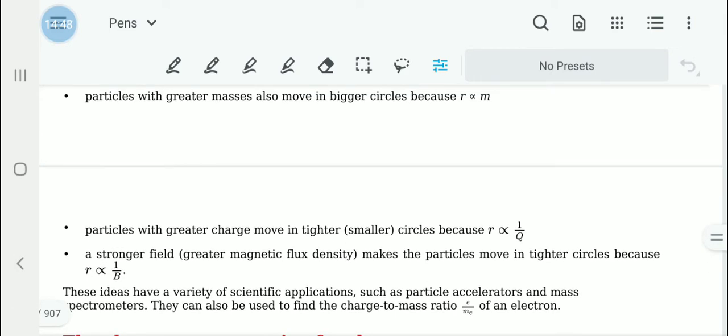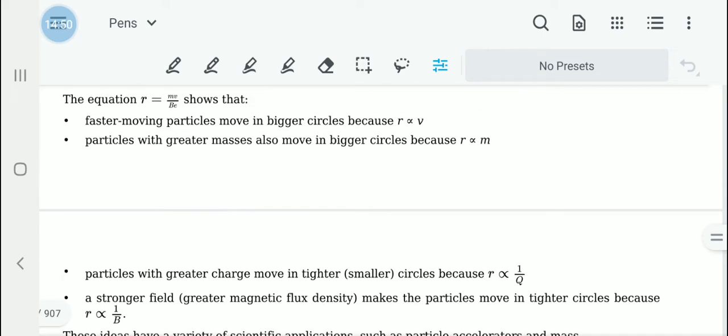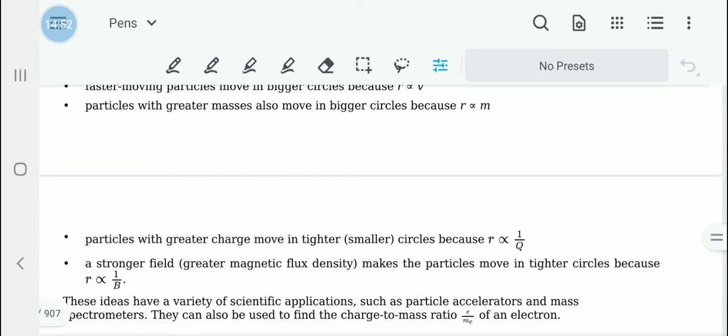The higher the charge as well as the higher the magnetic flux density, the smaller or tighter the circle. If there is a strong field, it would go into a tighter circle, and if you think about it, this becomes obvious.